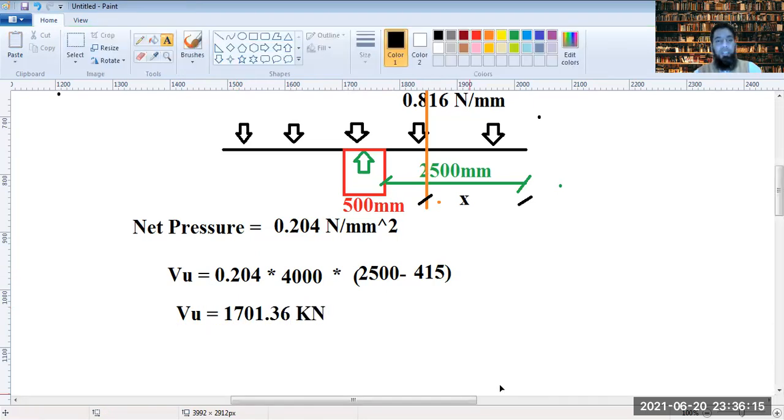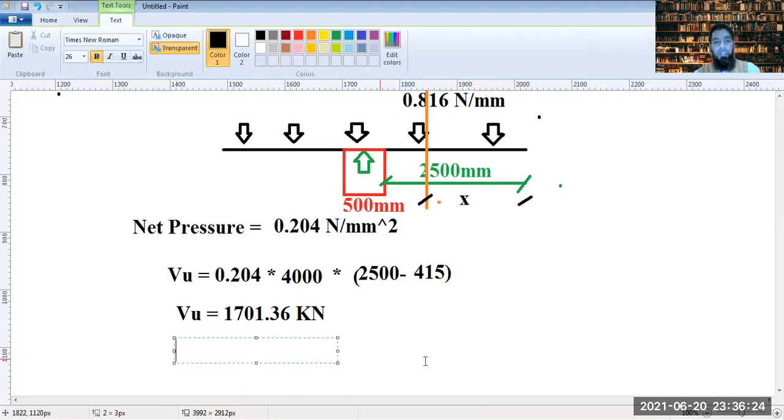So you're getting a value of VU equal to 1701.36 kilonewton. Now, first of all, let me check what would be the shear stress, that's tau. Let me first get the symbol.